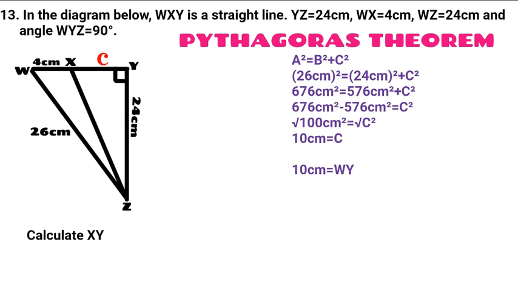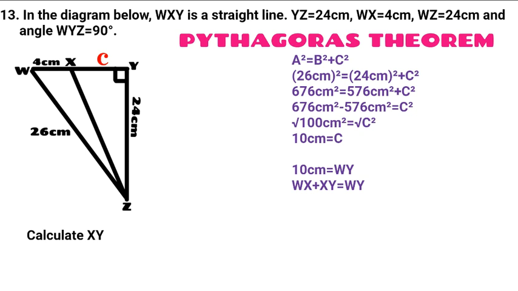So WX plus XY is equal to YW, because WY is divided into two parts. One is 4 centimeter, and the other is not given, and that's what we want to find out.